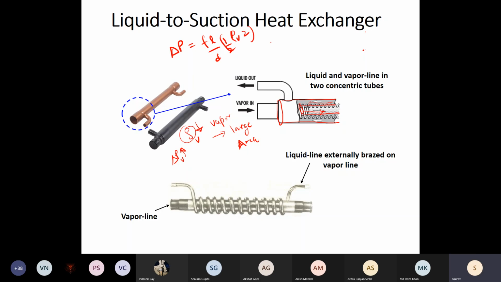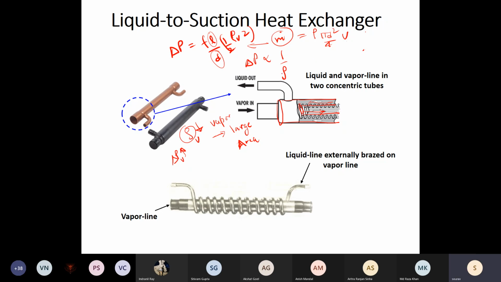Here V is the velocity, L is the length of the pipe, and D is the diameter of the pipe. And you convert this equation into m dot using the continuity, rho into pi d square by 4 into velocity. So you substitute m dot in place of velocity, and you will see that the delta P then scales as 1 over rho.